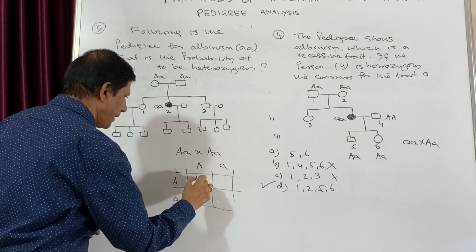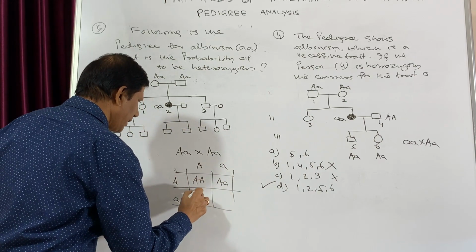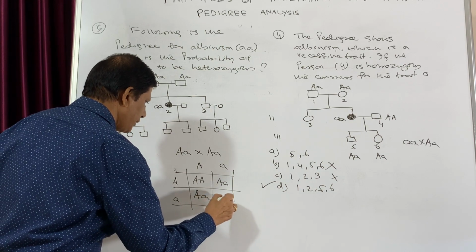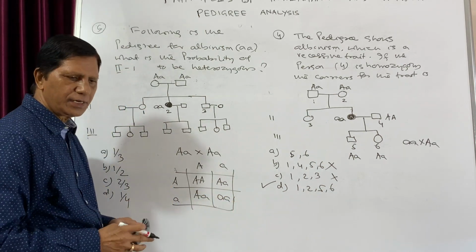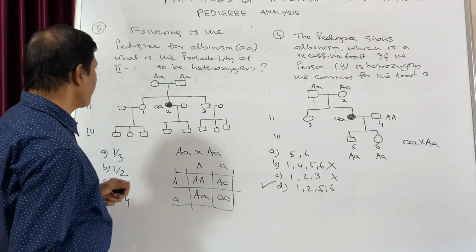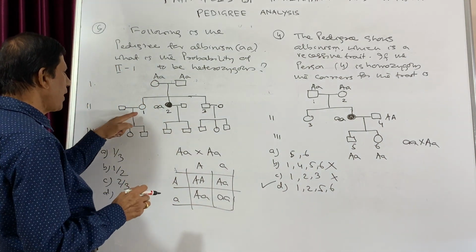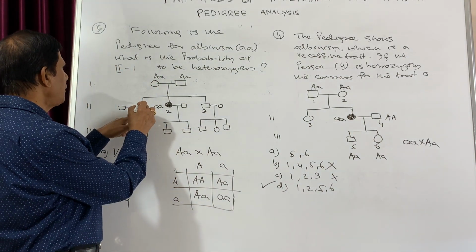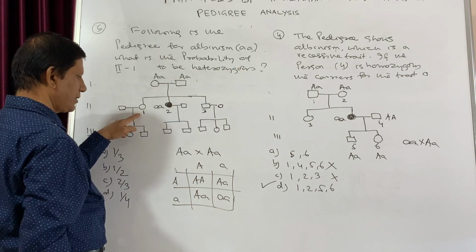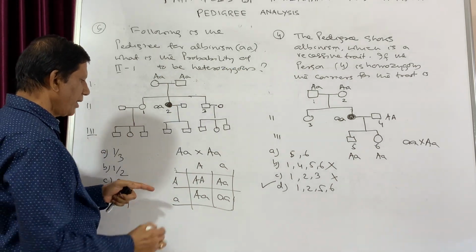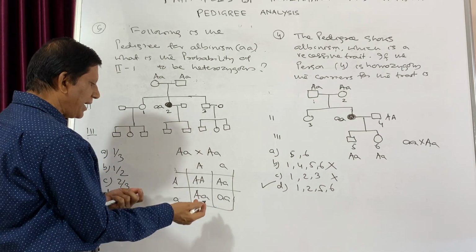Now this will be capital A, capital A, capital A, small a, capital A, small a, small a, small a. This is the F2 generation. Now see, the question is, what is the probability of this 2-1 to be heterozygous? Now see, how many are there?